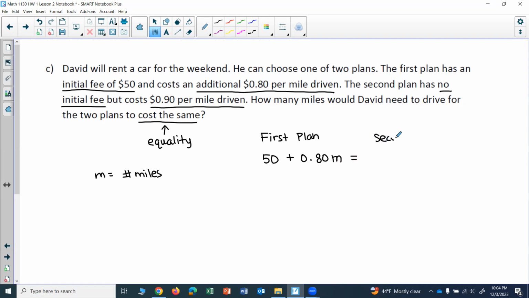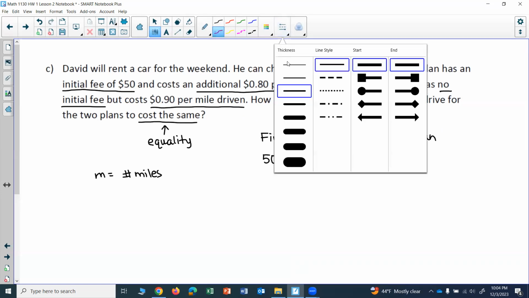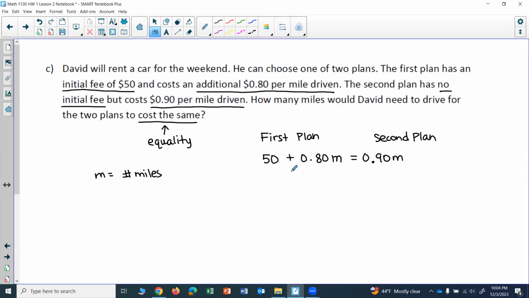The second plan is going to be no initial fee, but 90 cents per mile driven. So that would be 0.90m because it's per mile driven. And now I just have to solve that. So I want to get all of my m terms on the same side.